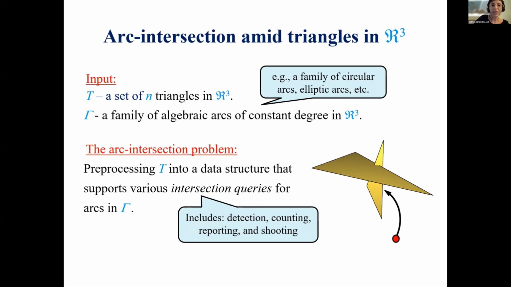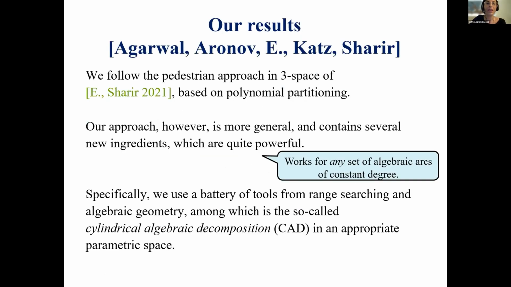The arc intersection problem is to preprocess T into a data structure that supports various intersection queries for the arcs in gamma, including detection, counting, reporting, and shooting. In another follow-up work with Agarwal, Aronov, Katz, Sharir, and myself, we follow the pedestrian approach for ray shooting.